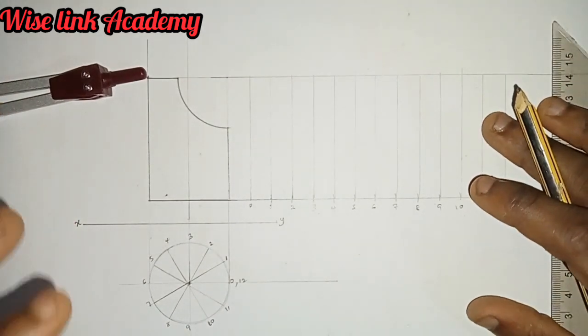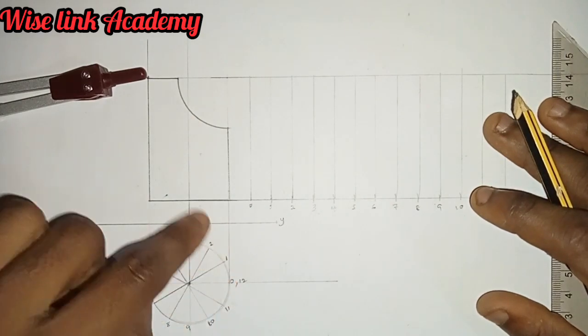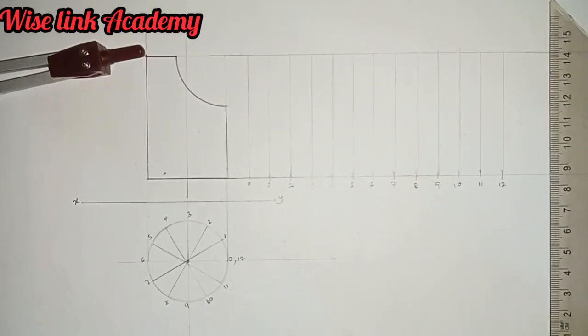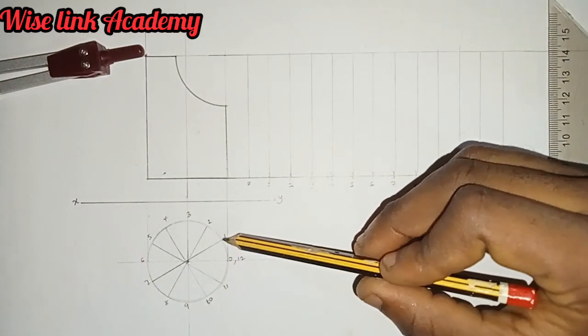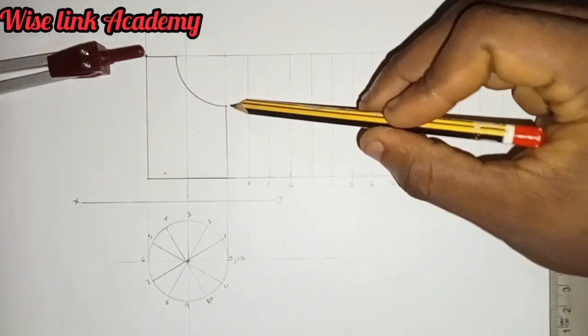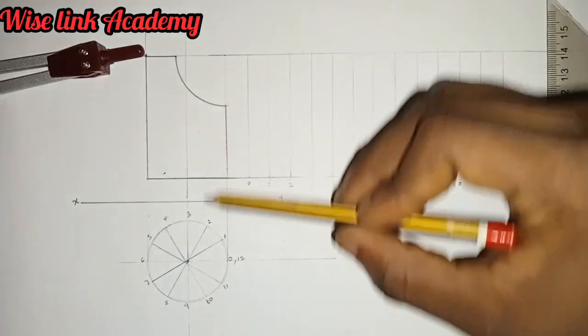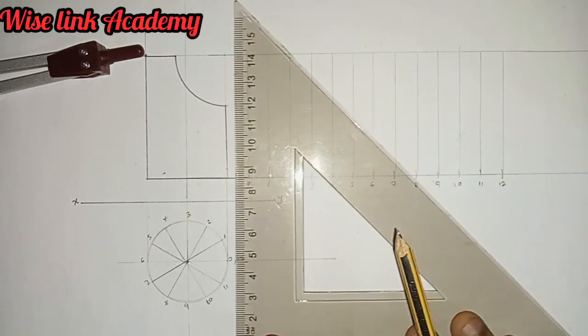So after you have achieved this, the next thing to do now is to what? Project these lines upward. Let me show you what I'm saying. You project line 1. This is line 0, it is already up, you can see. So you project 1 and 11 upward, 2 and 10 upward, and 3 and 9 are already upward, as you can see. So let's do that.